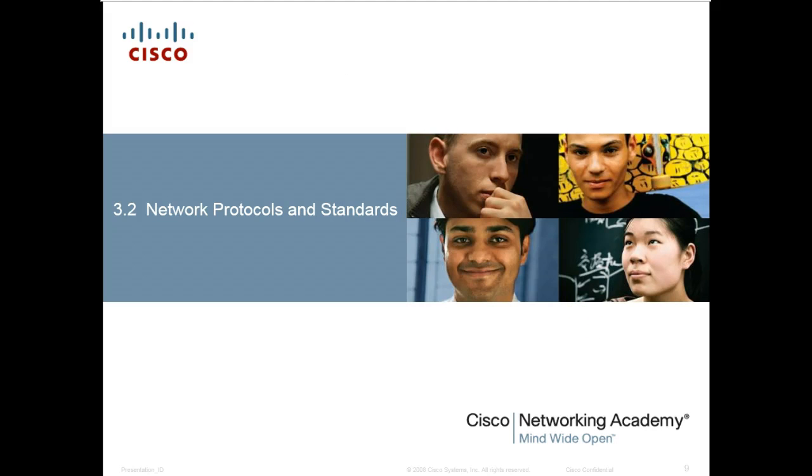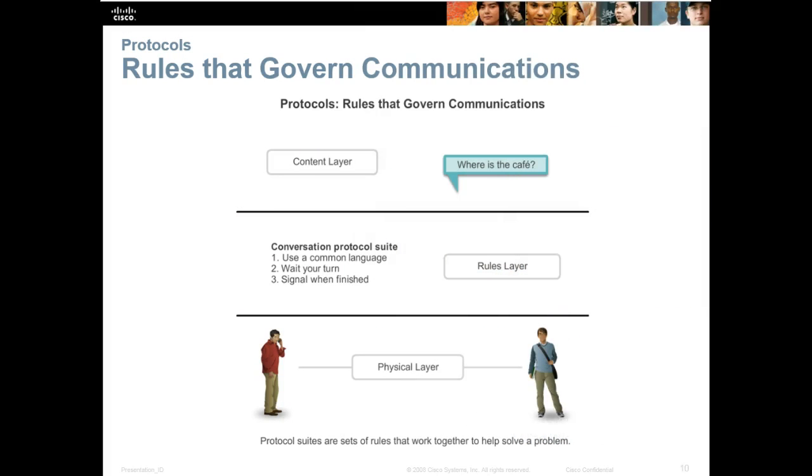So, next section is network protocols and standards. The rules that govern are called protocols. Now, international protocols, we use those when we have diplomacy and negotiations. There are rules about who can talk to whom and how it works.